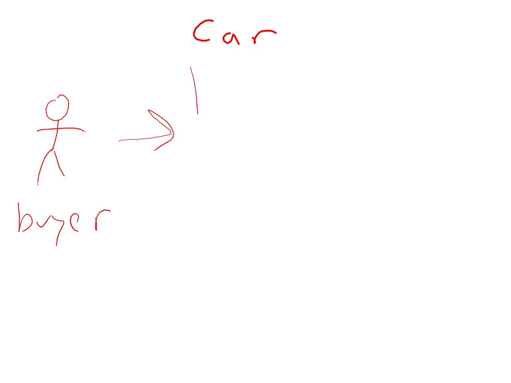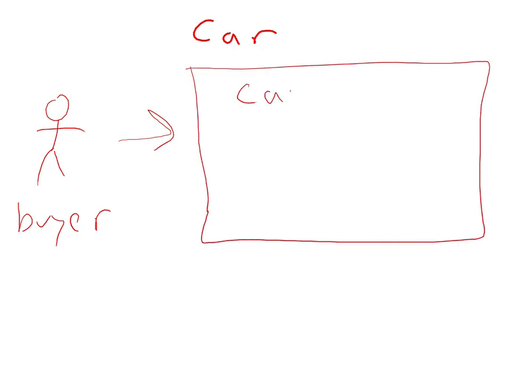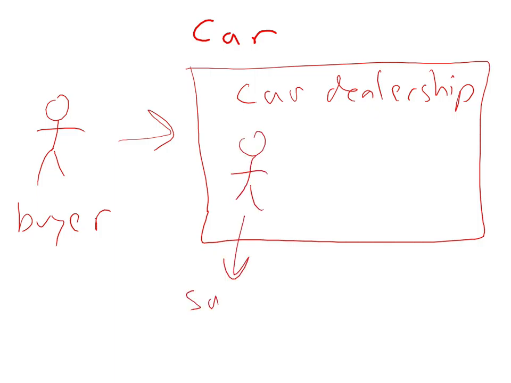So let's begin with the car as an example. This is you right here. You are the buyer. And then you're going to enter the car dealership, and in a lot of cases you're going to interact with someone that's a sales rep.